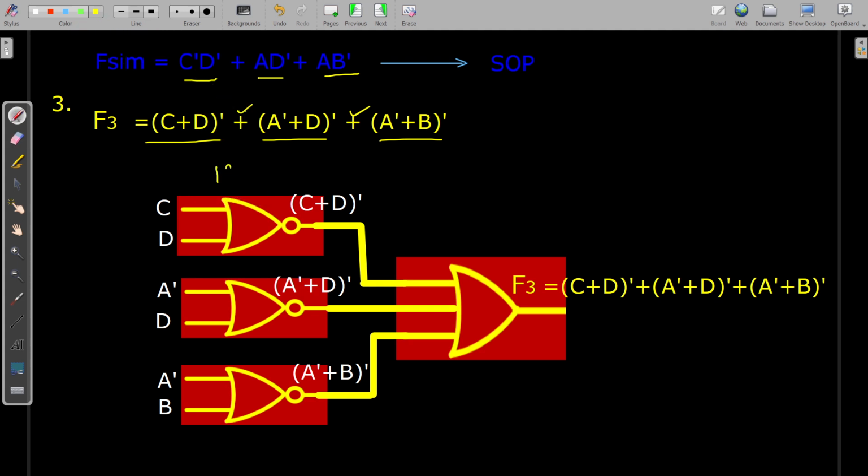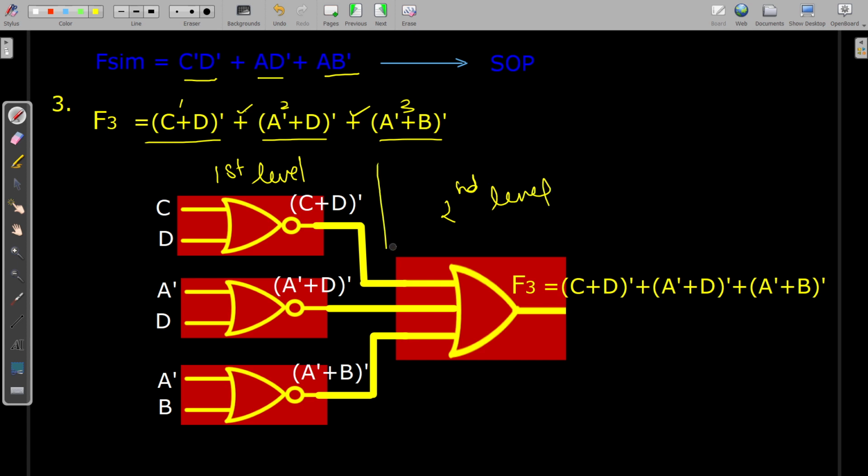This is the first level that is implemented using NOR. So it can be easily implemented, isn't it? C, D, they are ORed and then inverted, means NOR. So we have 1, 2, 3 NOR gates available in the first level, and they are combined using this plus operator, means OR.